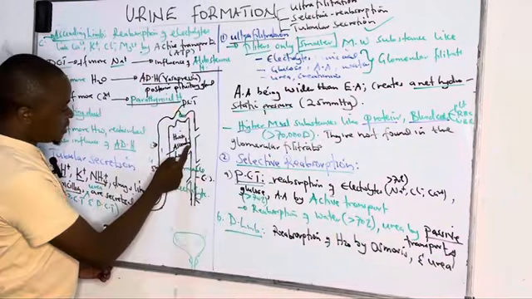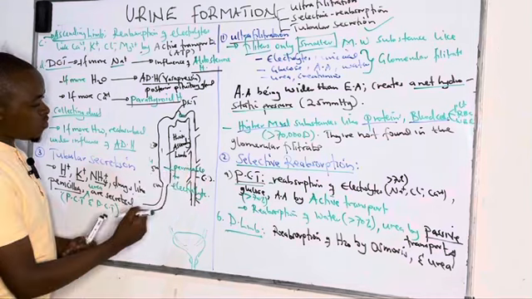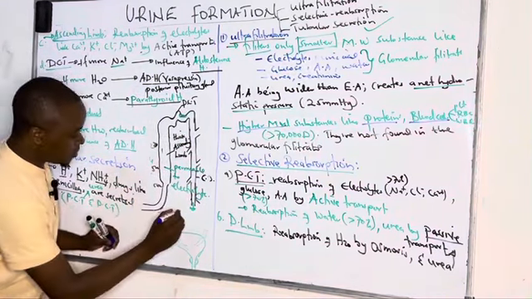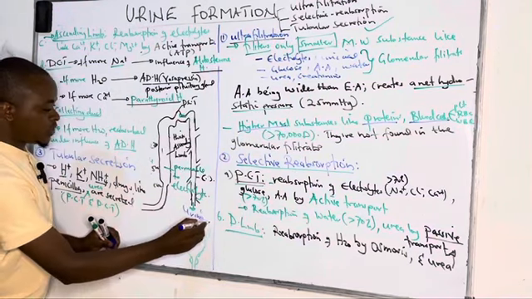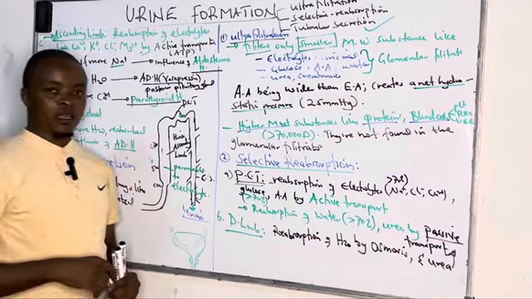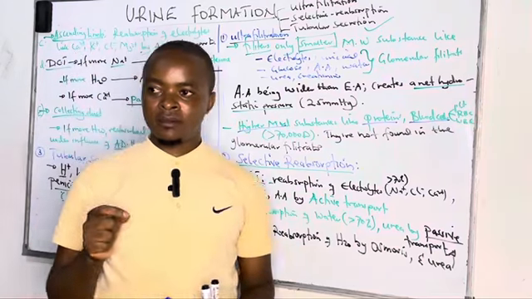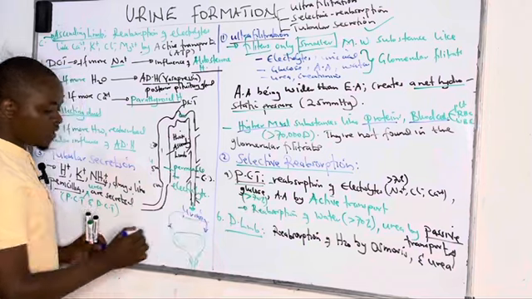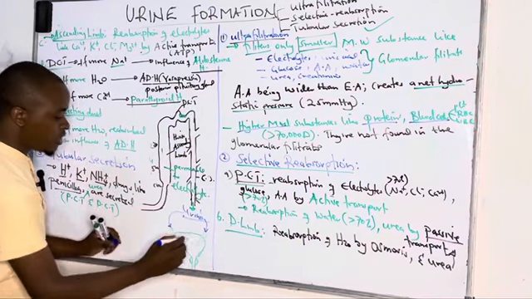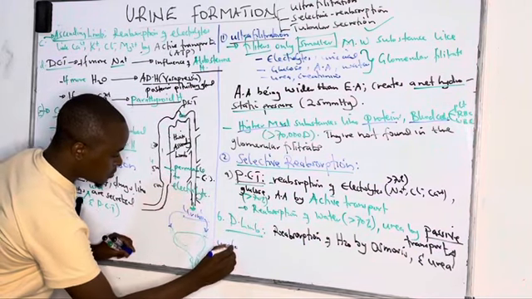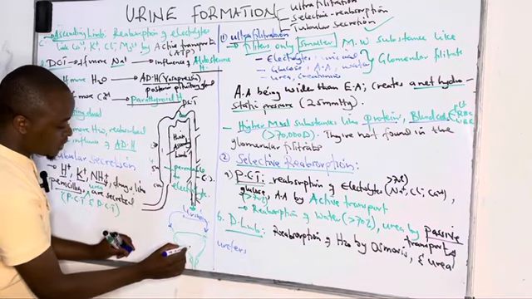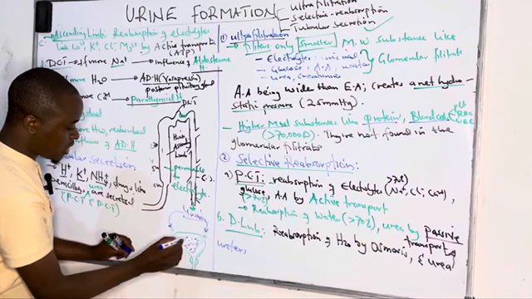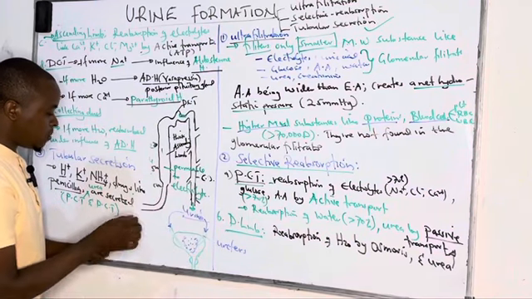Now, the filtrate leaving the collecting duct is no longer filtrate, but urine. Now we can comfortably call it urine. This urine moves from the collecting duct into the left and right ureters, and the ureters join this urine into the urinary bladder, where it is stored temporarily.